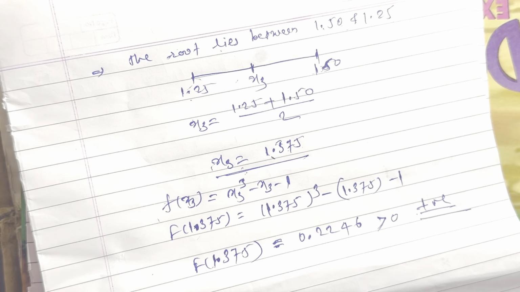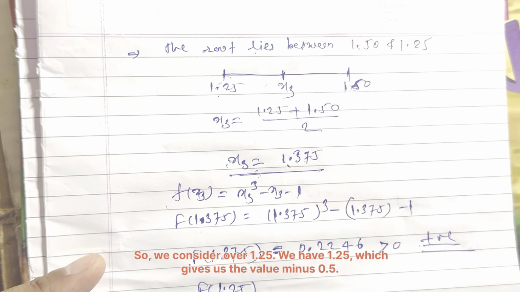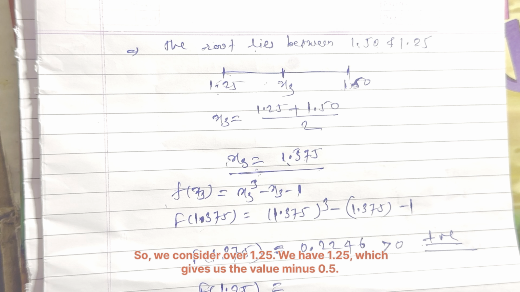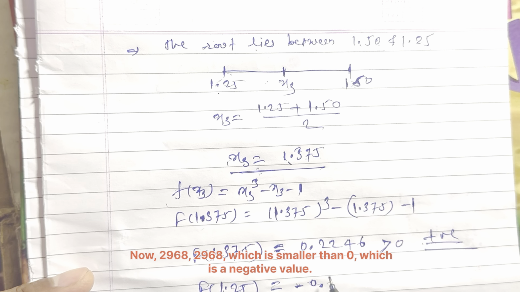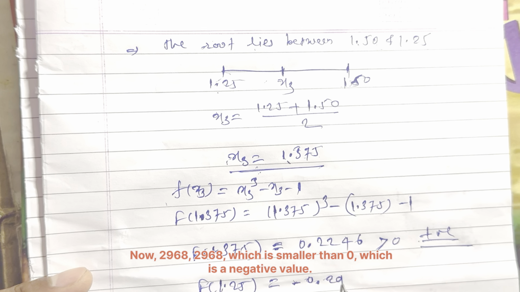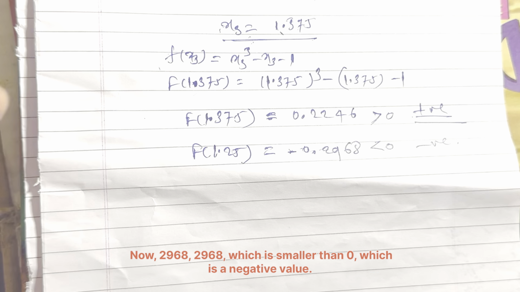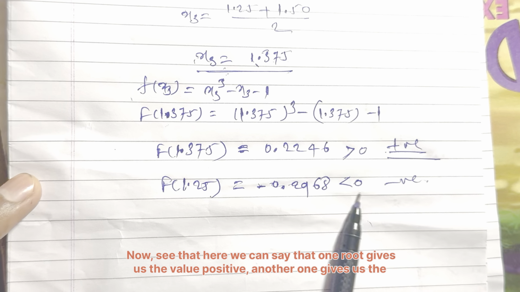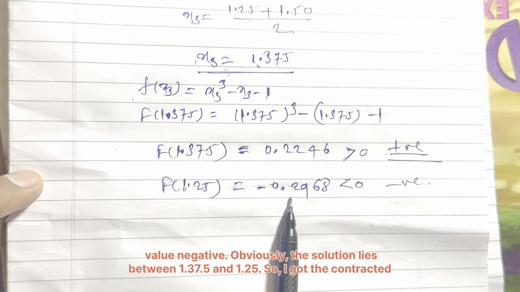So we consider f of 1.25, which gives us the value minus 0.2968, which is smaller than 0, which is a negative value. Now see that here one root gives us the value positive, another one gives us the value negative.